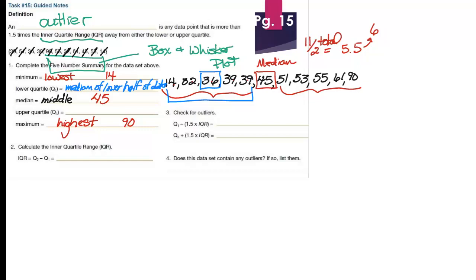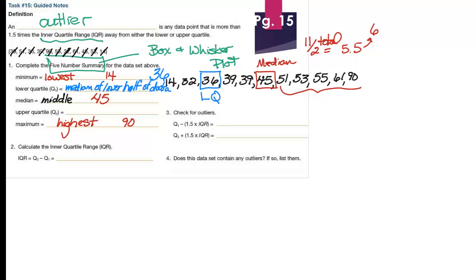So we sometimes call this the LQ, lower half of data. Yeah, that didn't come out very well, did it? Data, D-A-T-A. And in this case, the lower quartile is the number 36.